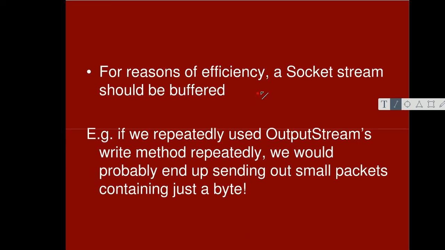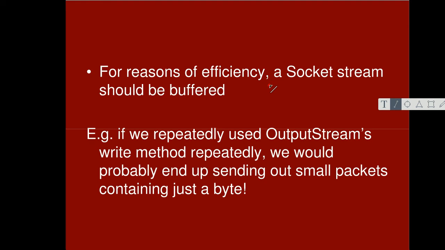And for reasons of efficiency, a socket stream should be buffered. How do you do that? You just have to take this on trust at the moment. I can first of all extract, using getOutputStream, an output stream, but then I can compose that with a stream that buffers it.